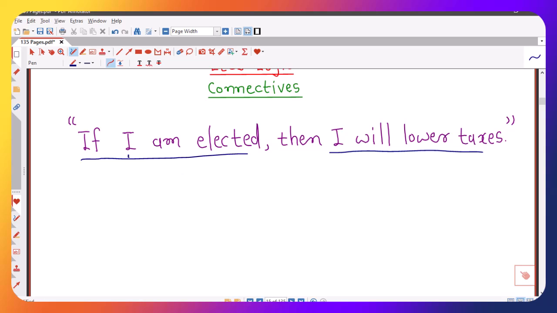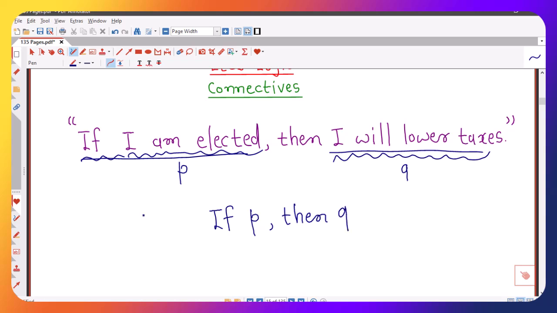Suppose I denote "I am elected" by small p, and "I will lower taxes" is denoted by Q. So we have this type of situation: if P, then Q.